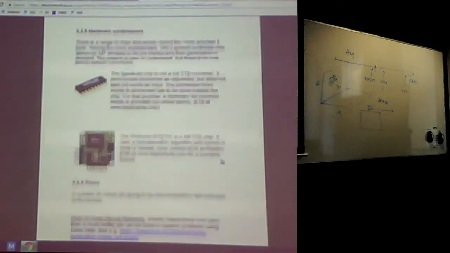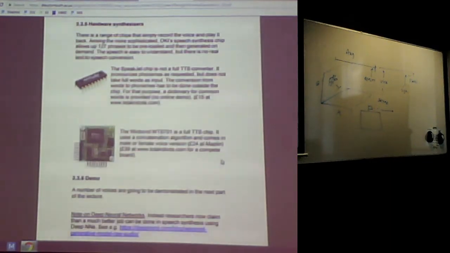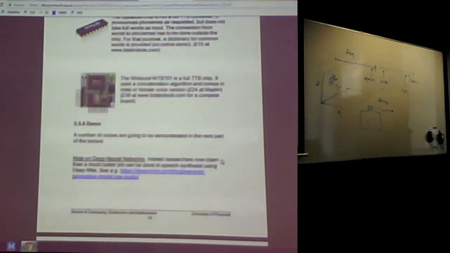We have a hardware synthesizer, which is a small chip. It's a recorder, so it records up to 127 sentences, and then you just make it replay that. You have other chips.